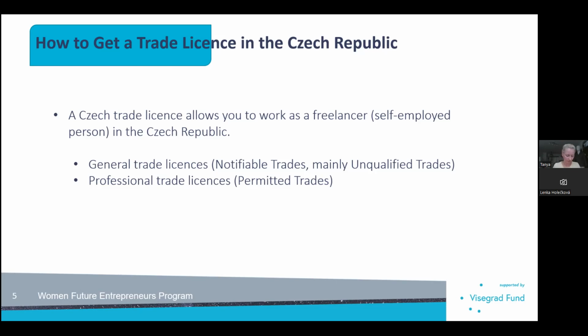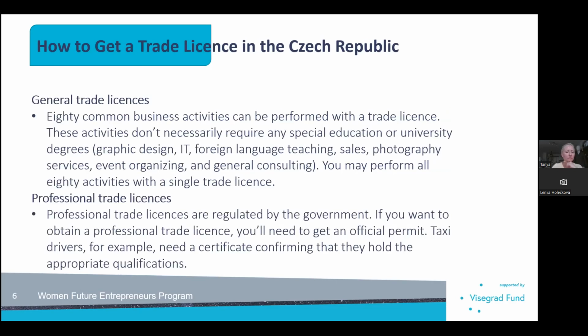And I would like to remind you of the main types of trade licenses: general trade licenses, mainly regarding notifiable trades, ohlašovací živnosti in the Czech language, and professional trade licenses, in fact, permitted trades, koncesované živnosti. It's relatively more difficult to be given permission for permitted trades, but it's also possible, of course.